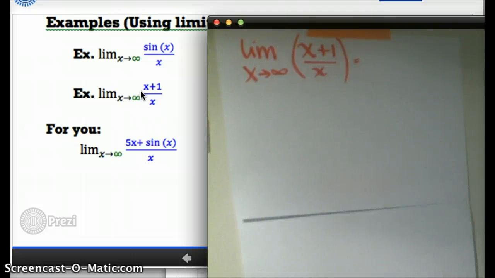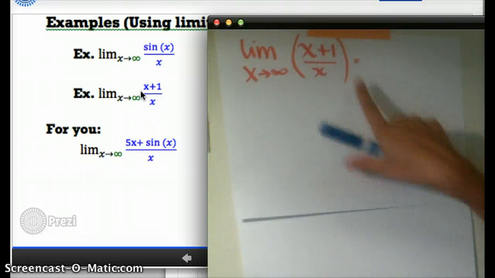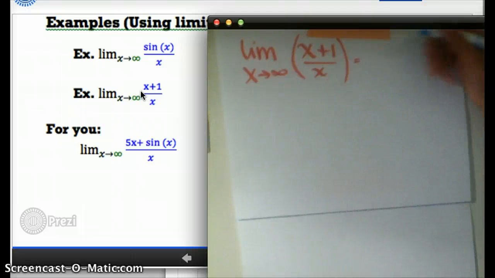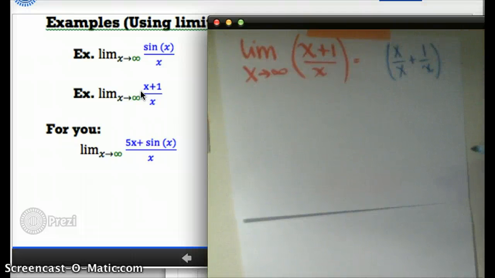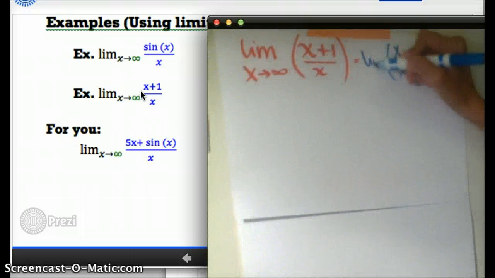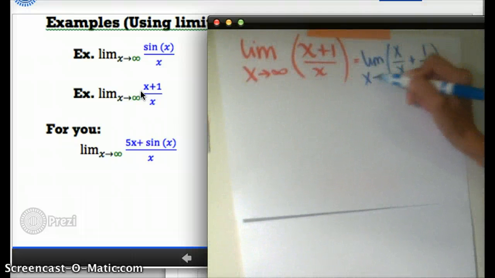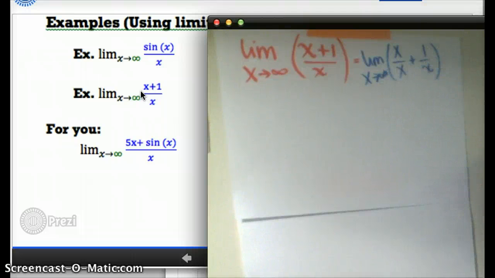Here's my limit. Well, the first thing that I know is that this fraction is the same thing as x over x plus 1 over x. That's just algebra properties, and I haven't taken the limit, so I'm going to make sure that I'm still using my limit notation. x approaches infinity, and I'm just trying something.